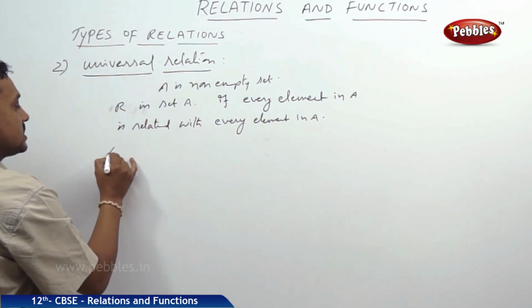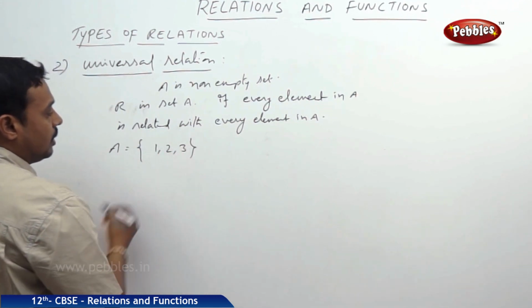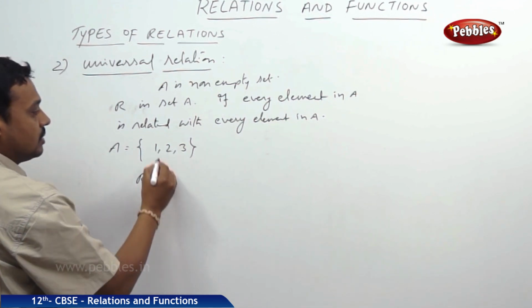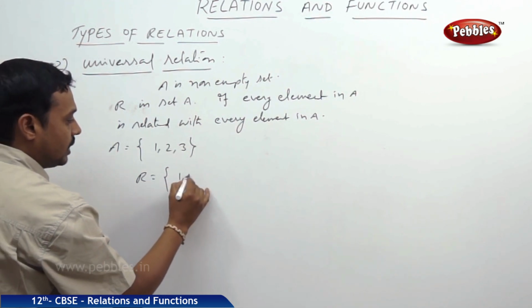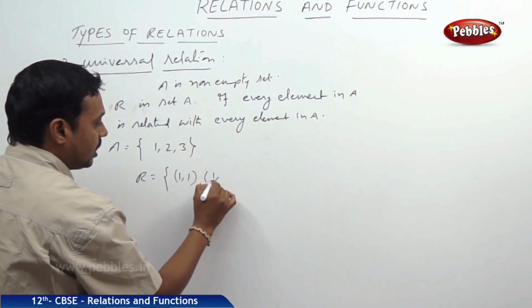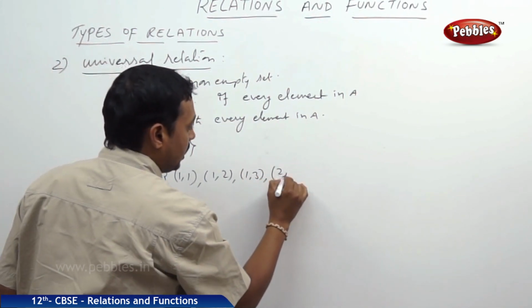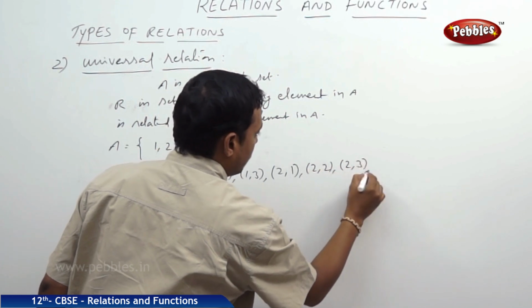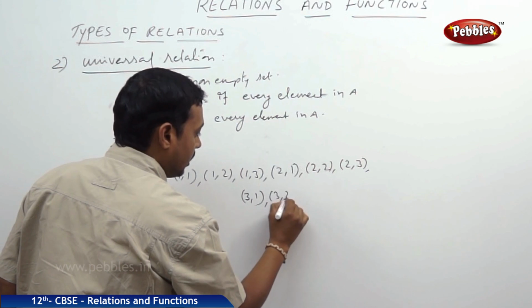Now, let us see, A is equal to the set {1, 2, 3} and let us make a relation like this. Every element in the set A is related to every element: 1 comma 1, 1 comma 2, 1 comma 3, and 2 1, 2 2, 2 3, and 3 1, 3 2, 3 3.